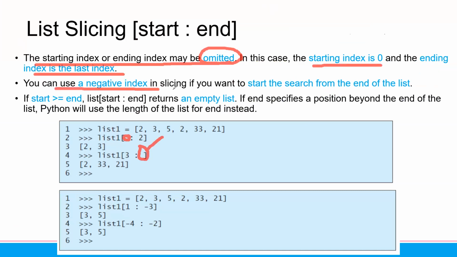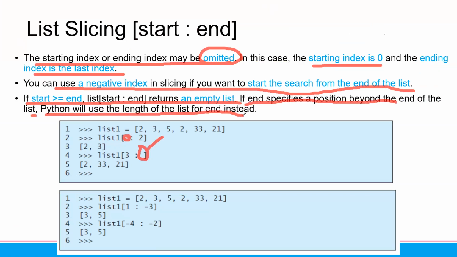You can use a negative index in slicing if you want to start from the end of the list. If start is higher than end, then list[start:end] returns an empty list. If end specifies a position beyond the end of the list, Python will use the length of the list for end instead.